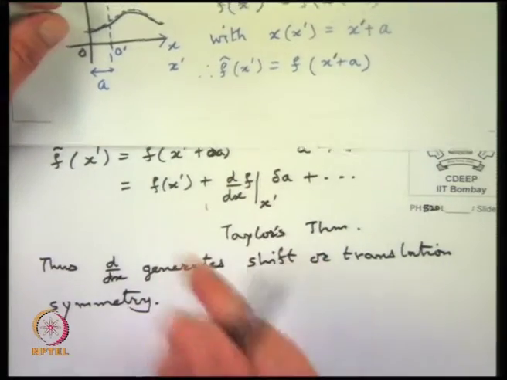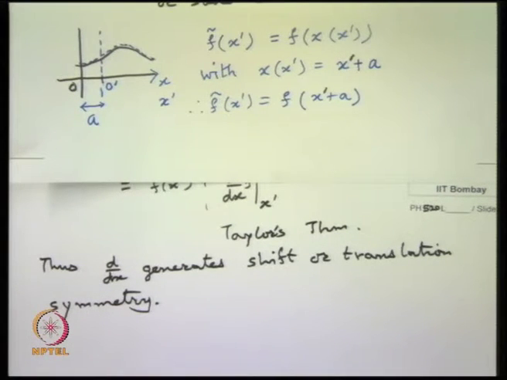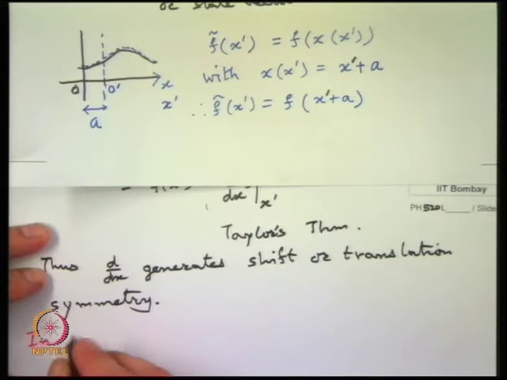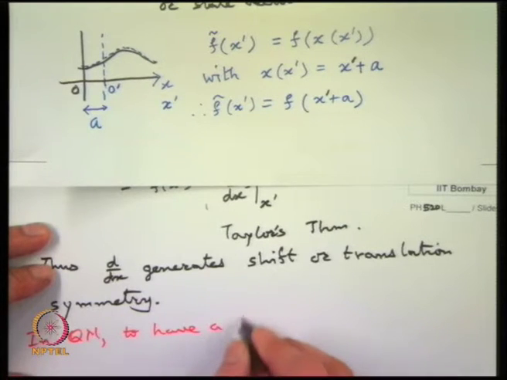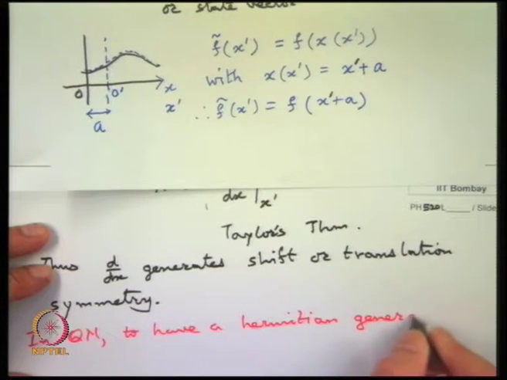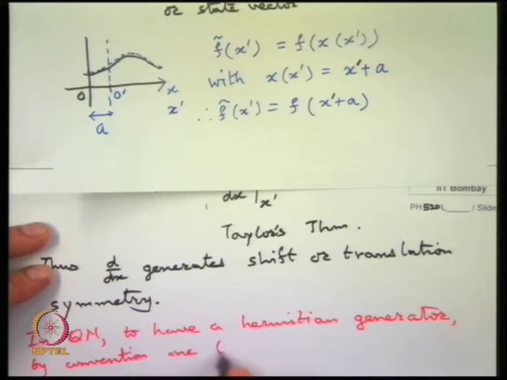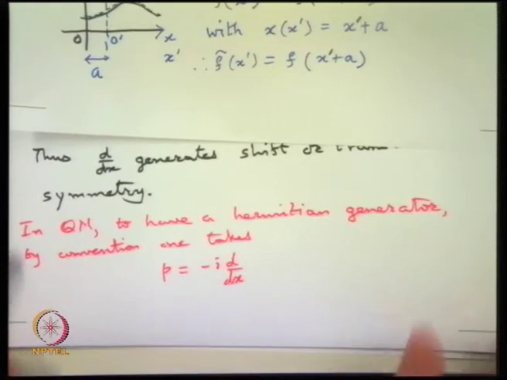So d by dx is clearly the generator, and for convenience in quantum mechanics, to make it Hermitian with respect to that particular inner product, we choose minus i d by dx, with P the generator.